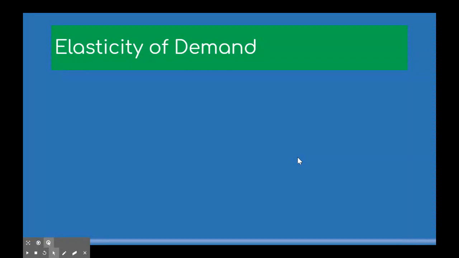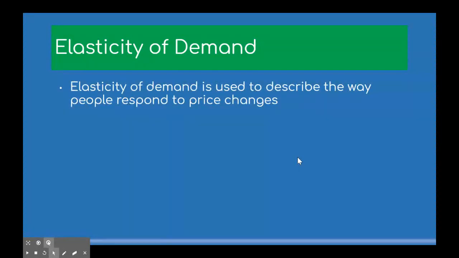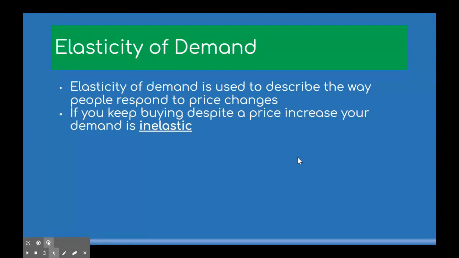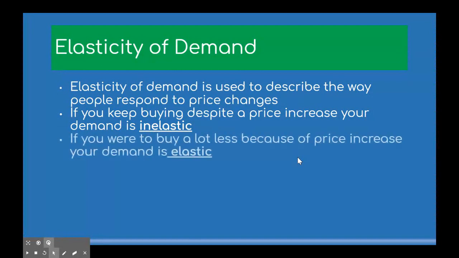Now, with demand, we also have elasticity, which we discussed when we talked about supply as well. But the elasticity of demand is used to describe the way people respond to price changes. When you have a price increase, but you keep buying despite that price increase, then the demand is considered to be inelastic.